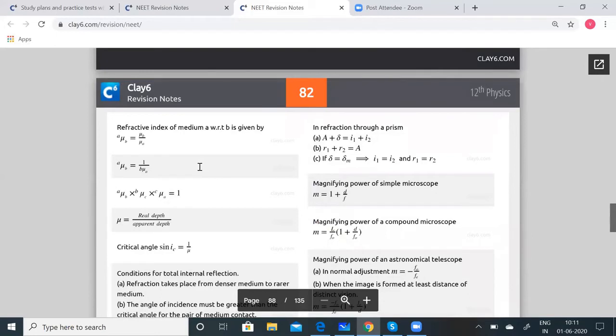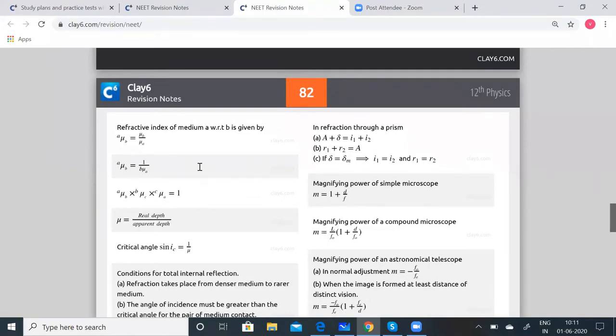In refraction through a prism, A + delta = I1 + I2. Now, you know, a prism has two refracting surfaces. A is the angle of the prism, delta is the angle of minimum deviation, and I1 and I2 are the angles of incidence on the two refracting surfaces.